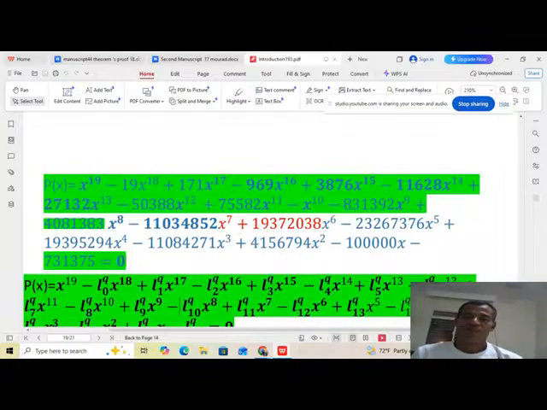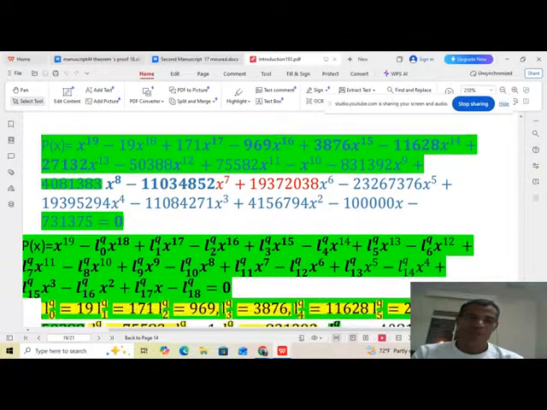Abel's theorem fails. The classical method fails. Newton fails. Even AI systems fail to solve this polynomial equation. And the rational root theorem also fails.